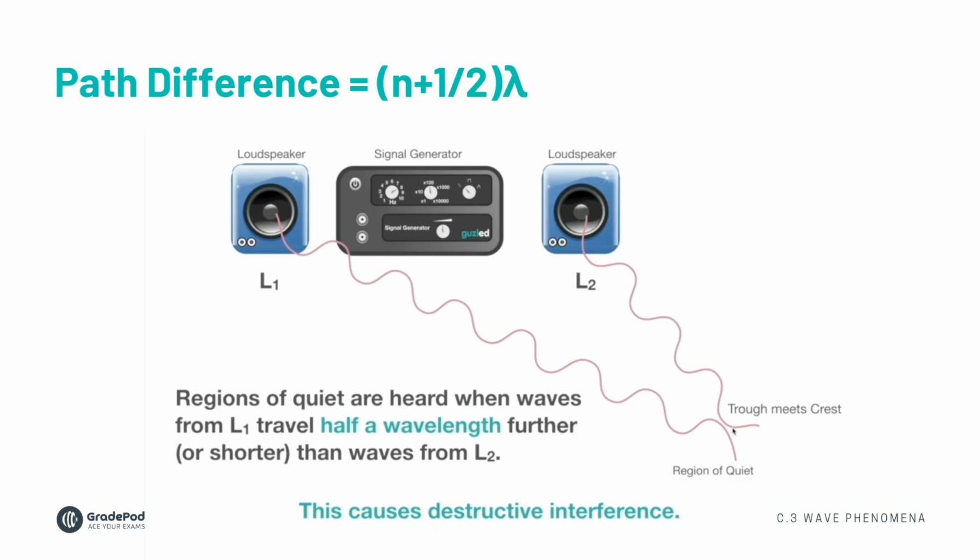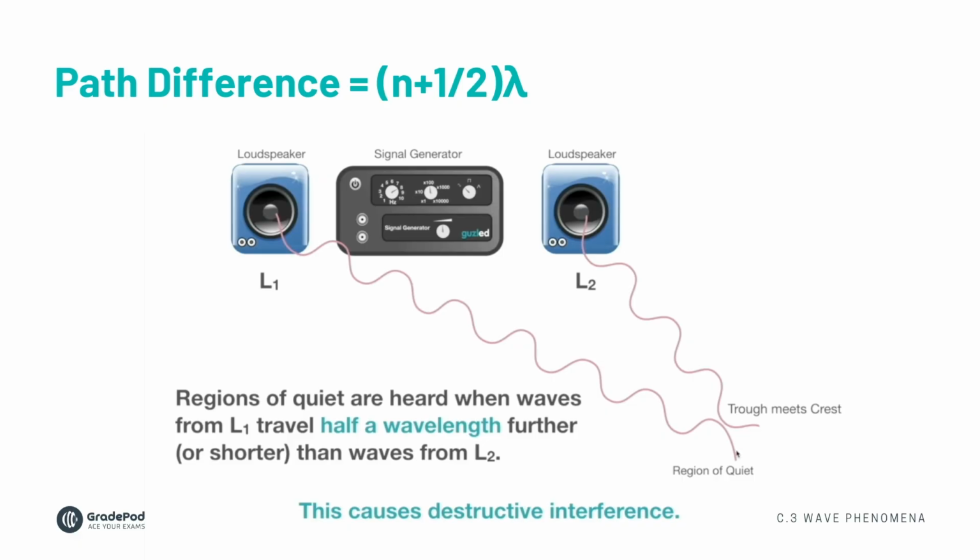When they meet and superimpose, the trough meets the crest, so we know that destructive interference is going to take place. However, what's notable is that this wave here from L1 has to travel much further than that wave for this superimposition to take place.